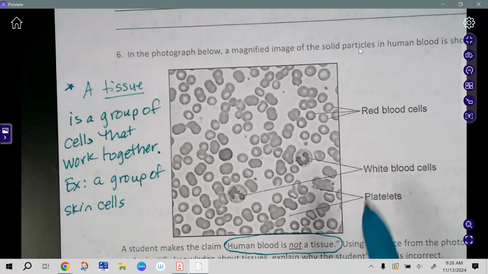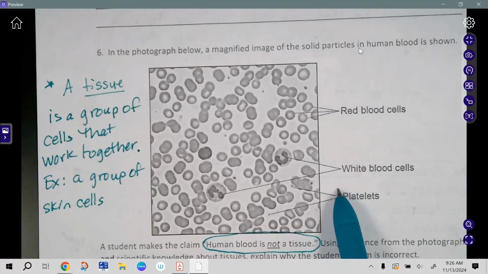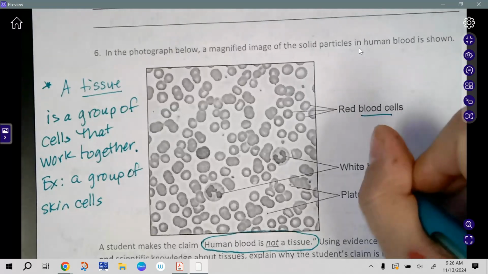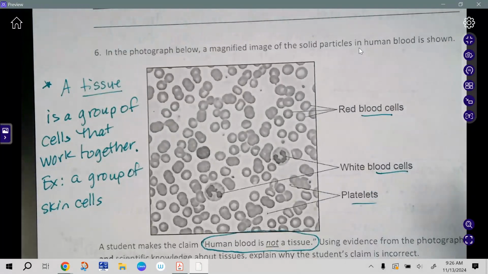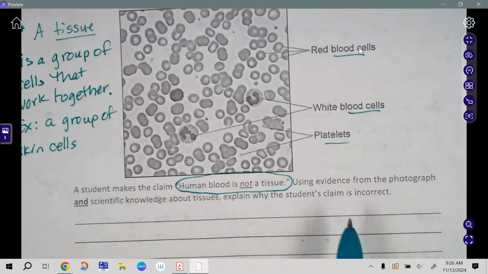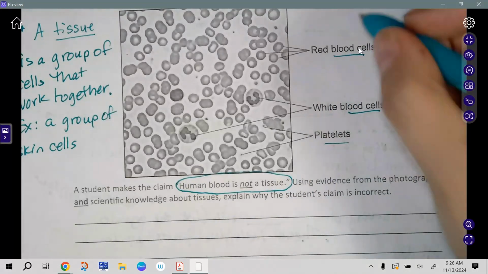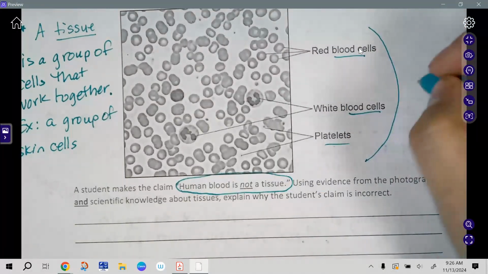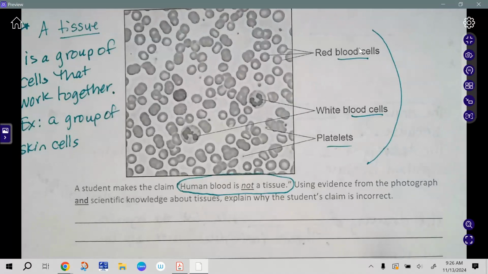So, looking at this picture, I have red blood cells, white blood cells, platelets. So these are all examples of blood cells. So think, if I have a group of blood cells, do they work together to do jobs in the body?